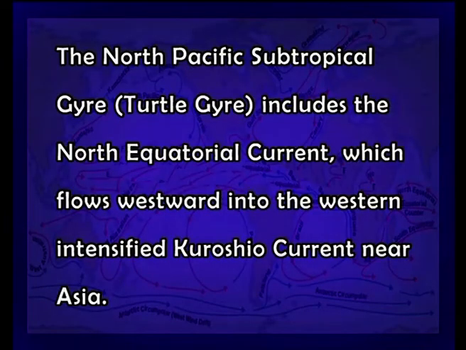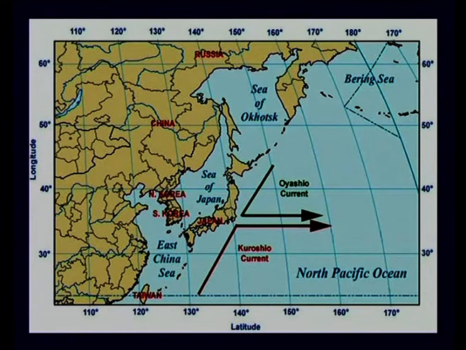The North Pacific subtropical gyre, that is Turtle gyre, includes the north equatorial current, which flows westward into the western intensified, that is Kuroshio current near Asia. The warm waters of the Kuroshio current make Japan's climate warmer than would be expected for its latitude.